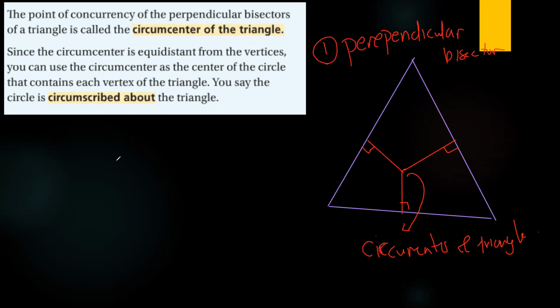So, let's repeat. What did I say? If there are many lines, any three lines that intersect, this point we call the point of concurrence, and these lines are concurrent lines.